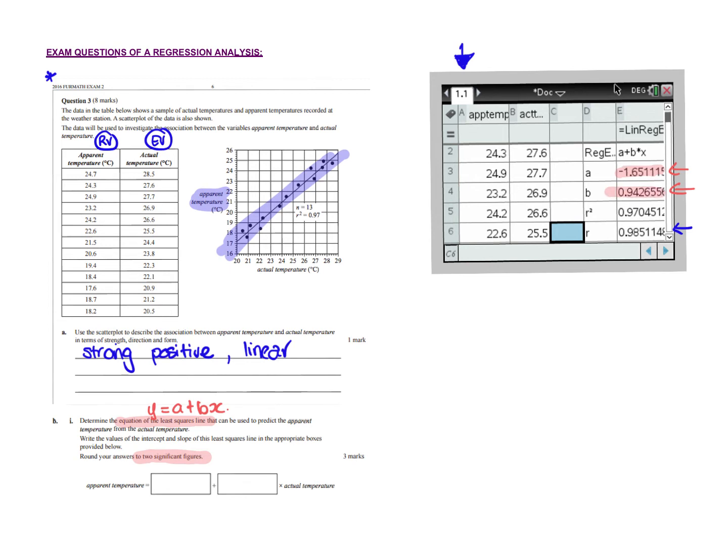For the first one, we've got to look at the third number, and because that's a 5, that 6 needs to go up. So A is negative 1.7, and then we look at the B. We want 2 significant figures, so we look at the third, and because it's only a 2, that number next to it doesn't have to go up, so it's 0.94 times the actual temperature.